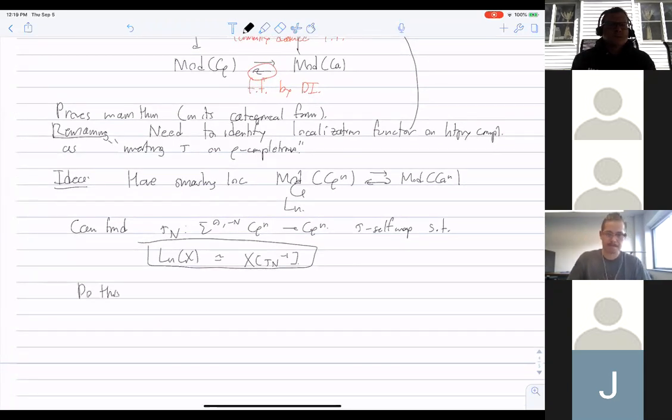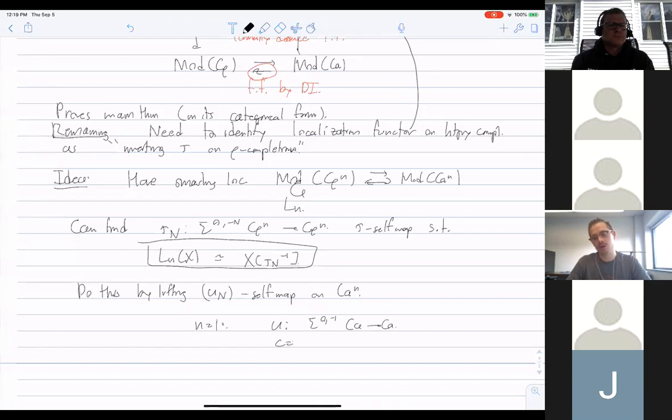And you can do this. You can find this element tau sub n by lifting a u_n self-map on the cofiber of a to the n. This is a so-called u_n self-map because for n equals 1, the map in question is the map u from the desuspension of 0 minus 1 of the cofiber of a to the cofiber of a, which reflects the fact that non-equivariantly, I have an equivalence between S^(1 minus sigma) and S^0.